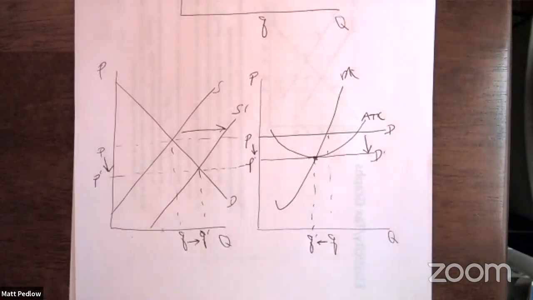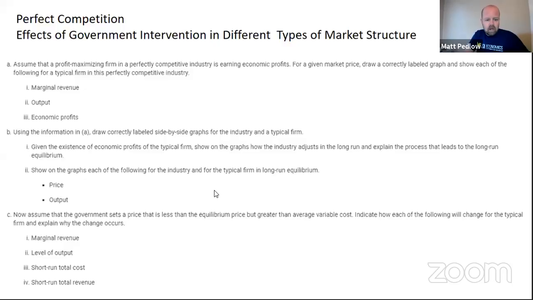All righty. And then assume the government sets a price that is less than equilibrium, but greater, and it says indicate. So let's go back to the free response so you guys can look at this. They set a price less than equilibrium price, but greater than average variable cost. So ding, ding, ding, you know they're going to stay open, losing money in the short run.